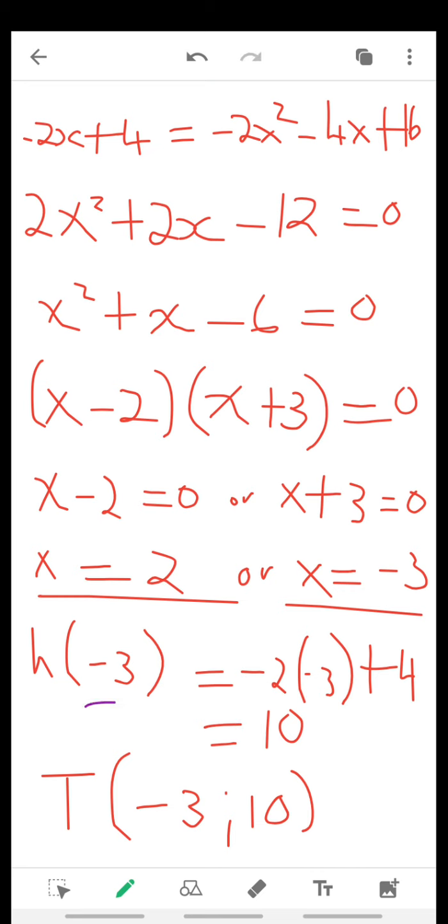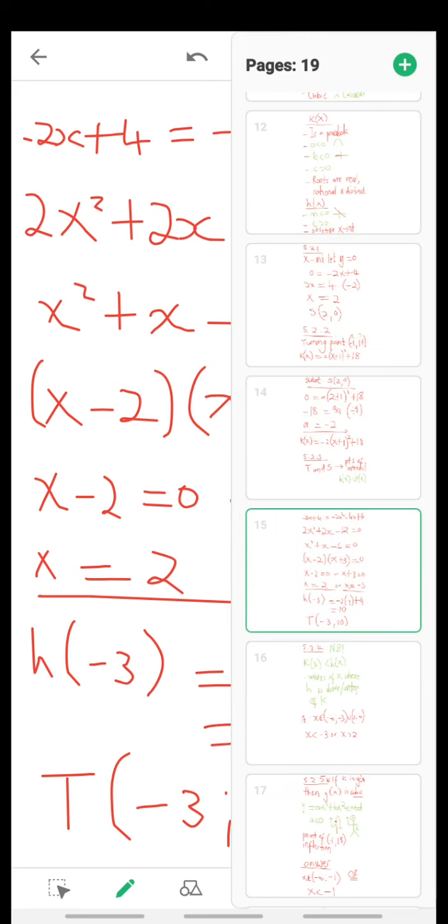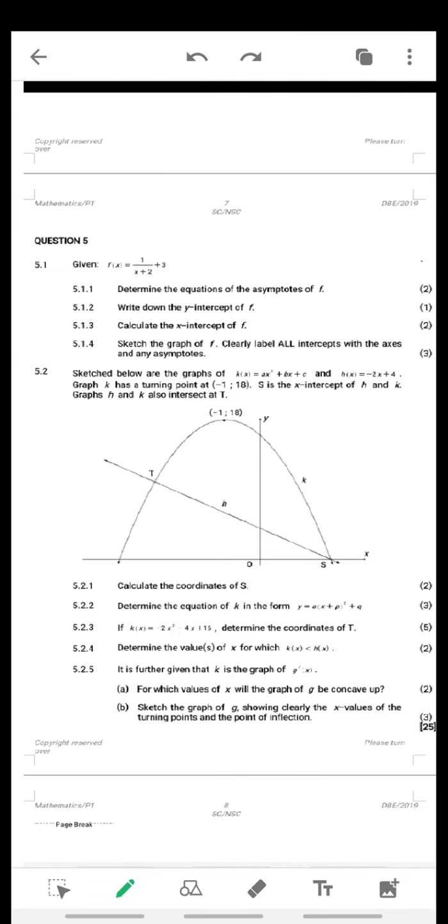It means minus 3 and 10 are the coordinates of T. Those are the coordinates of T. T is (minus 3, 10), which is correct because we can expect 10 to be somewhere here, and we expect minus 3 to be somewhere there. Okay, so that makes sense and we are happy.